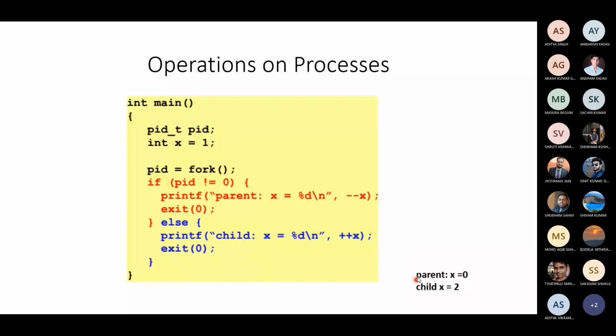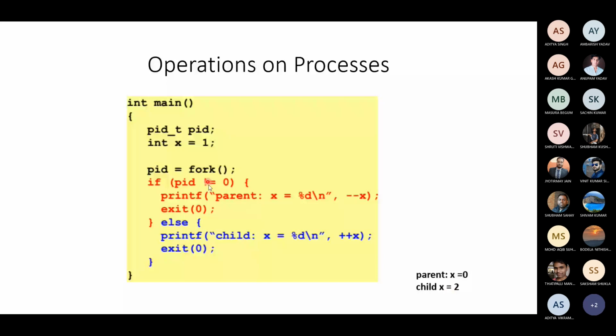The parent will print 0 because the initial x value is 0 after decrementing, but the child value will be printed as 2. You check this, it is very interesting. That's why I gave this code. The child, ironically, will print 2 because the value of x, although it is modified by the parent, has no effect on the child.